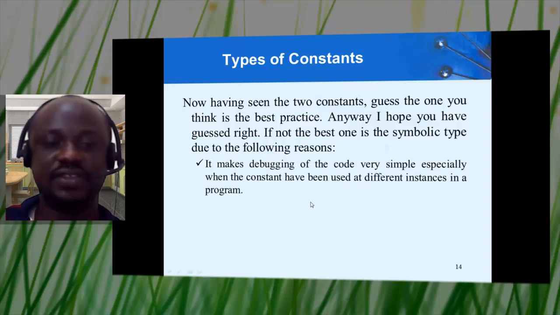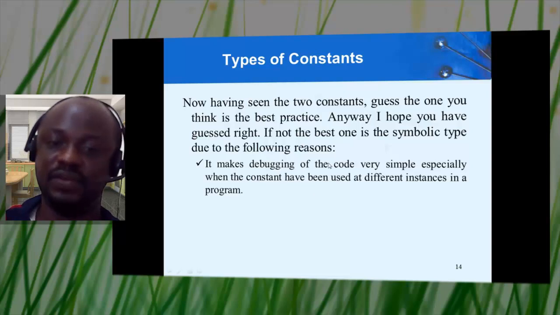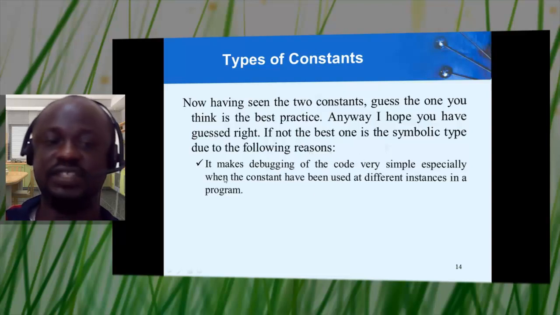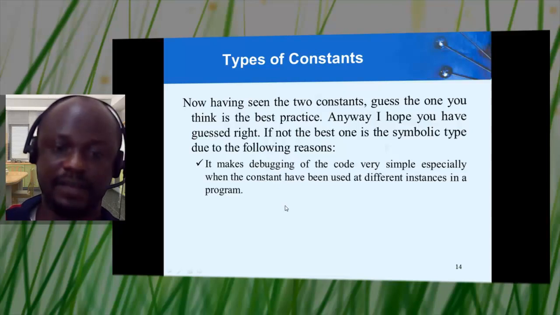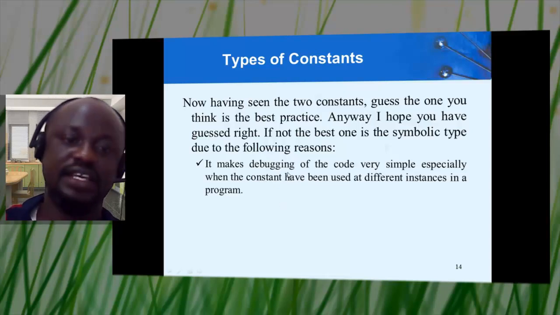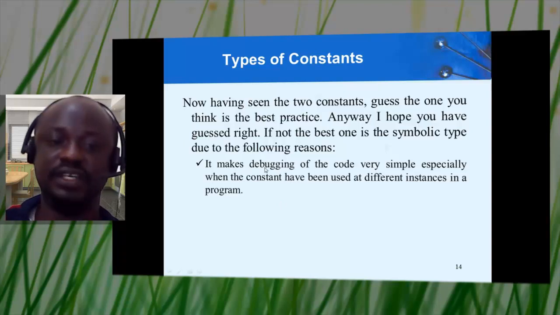But with a symbolic constant, you just change the value from the top, and it takes effect in all the instances where we have used it. So you see, in debugging, meaning checking corrections in a program, it is easier when you use symbolic constants.